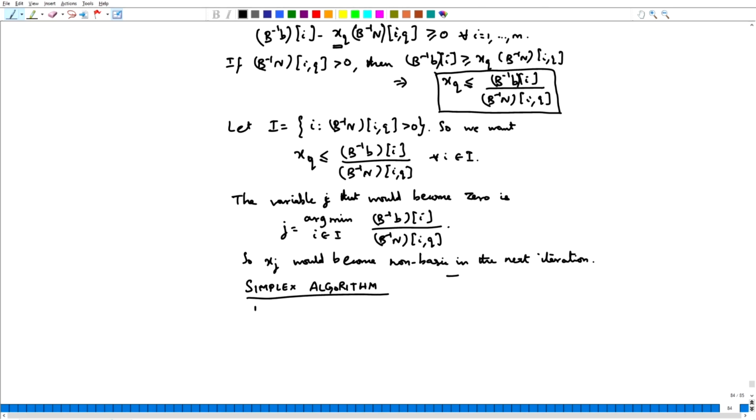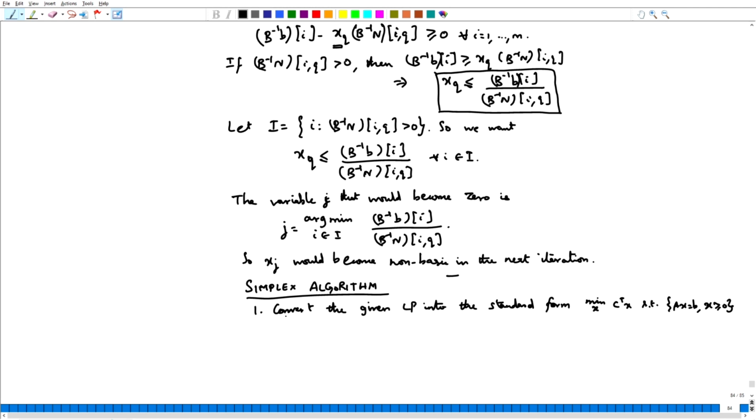So, the first step is to convert the given LP into the standard form: min c transpose x subject to A x equal to b, x greater than or equal to 0, where A is a matrix of full row rank.